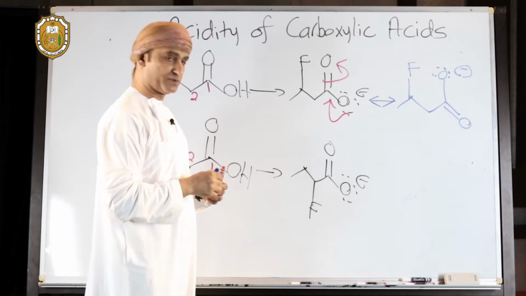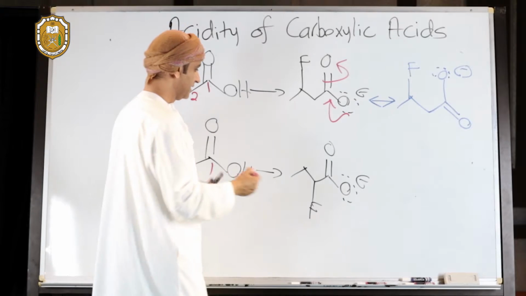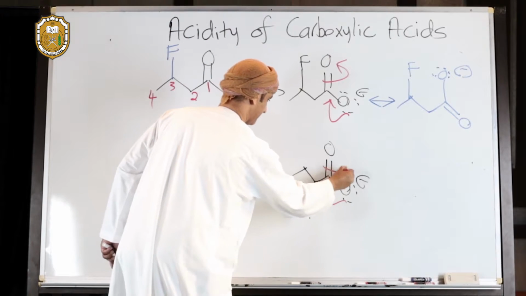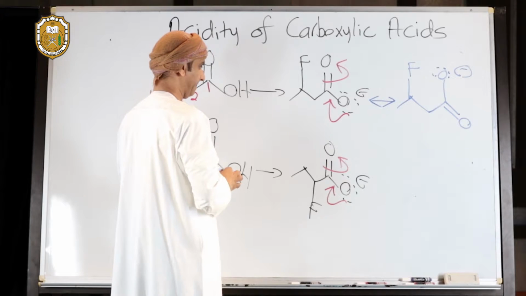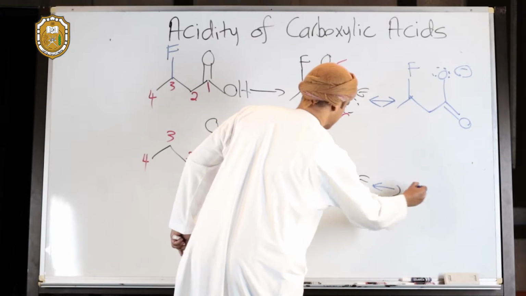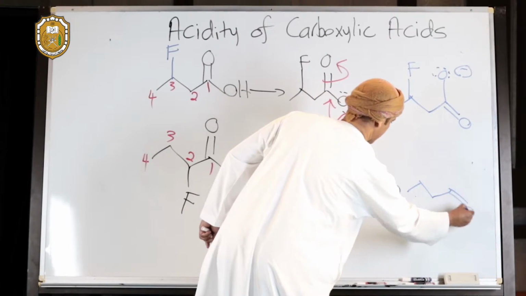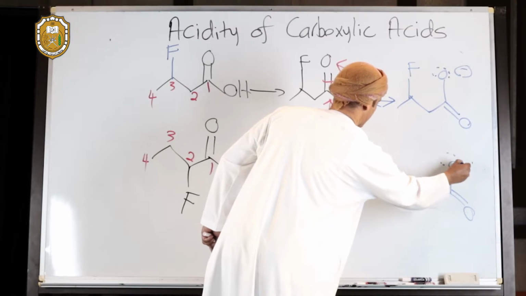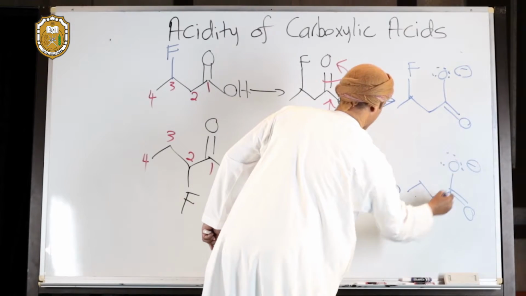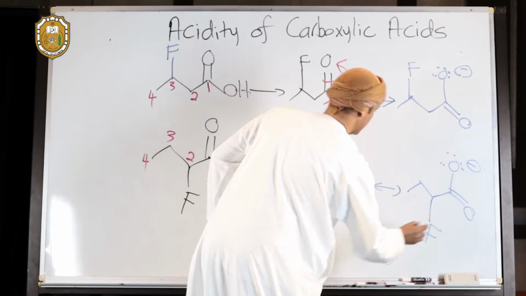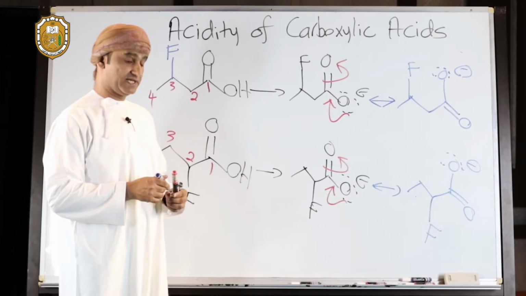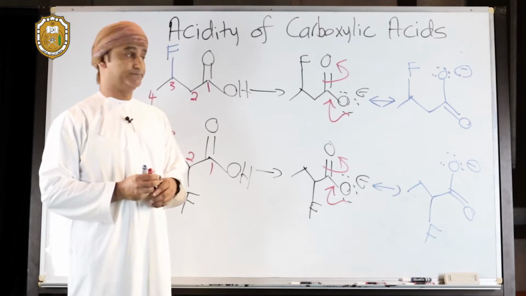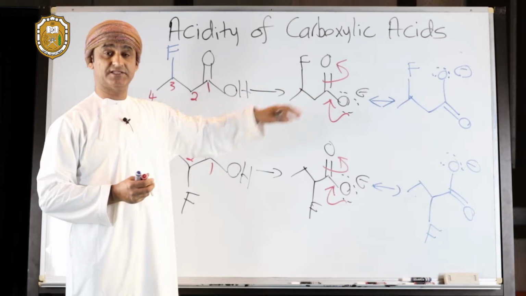As a result of this resonance stabilization, we can do something similar here to get another resonance form. So both of them are stabilized by the same resonance effect, if you like.